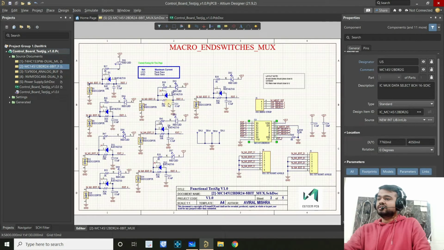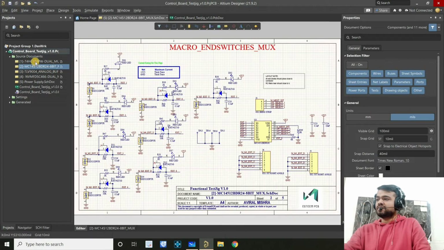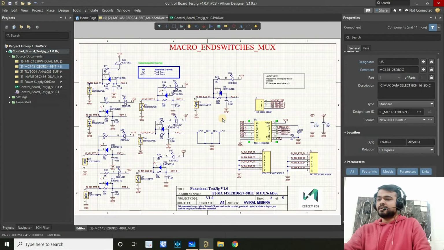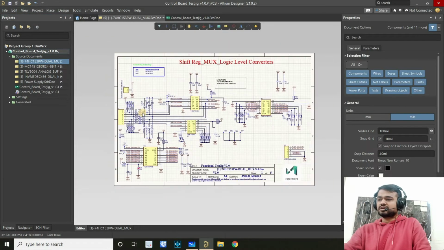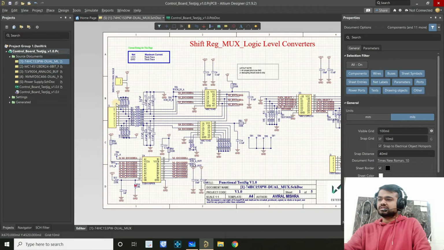Each switch has its own load, which is this LED and 1 kilo ohm resistor, and it has a debouncing circuit as well. We are going to calculate the amount of current, because all these digital chips will have 1 microamp or a few microamps of load current, so we'll not consider them, but still we'll go through their data sheet.